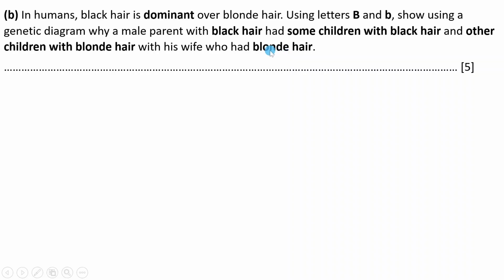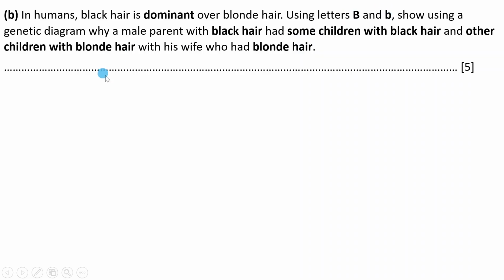Okay, so there was a male parent who had black hair, then the mother had blonde, then they're saying some children had black and other children had blonde. So we'll be using for black, this is the allele, then this is for blonde.